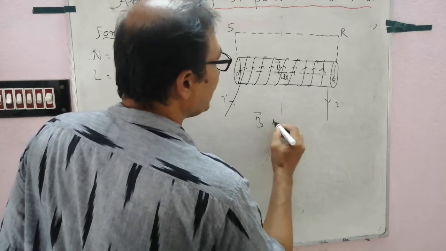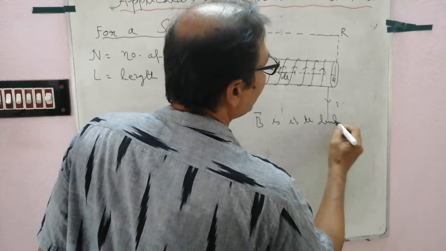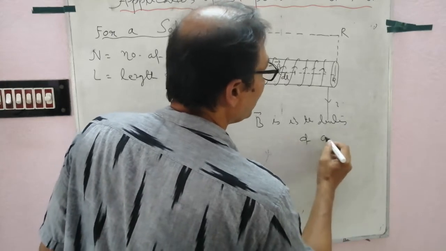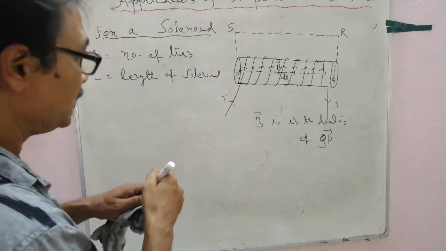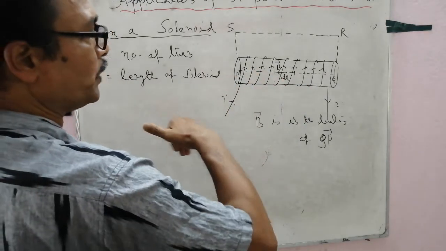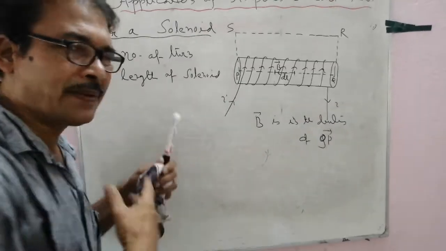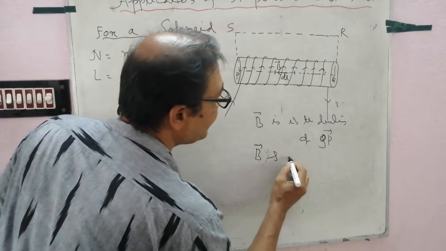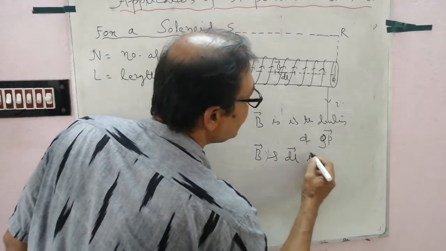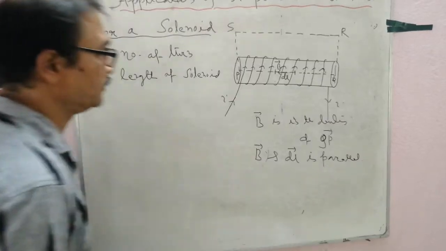B is in the direction of QP, according to the current, Q to P. If the current is reversed, then P to Q. But B and dl are always parallel to each other.